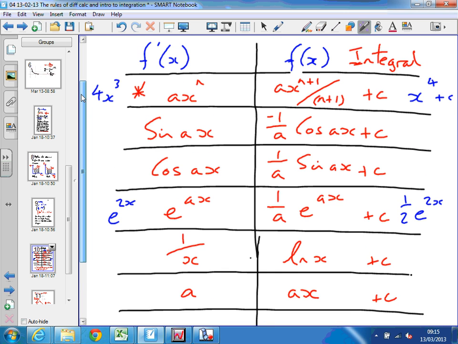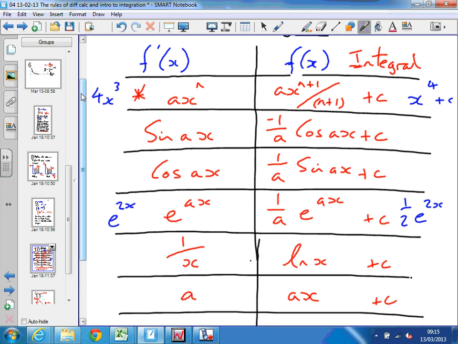Let's look at these other examples and maybe put some examples in. So, for example, 3 sine 2x. The rule tells us the sine changes to a cosine. Any number that's inside comes out and goes underneath, and it becomes negative.